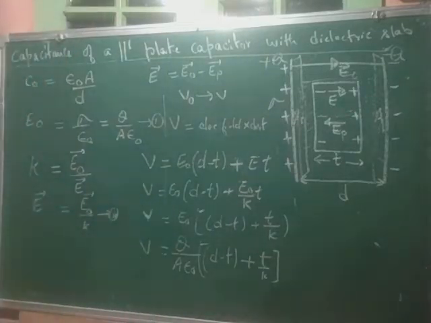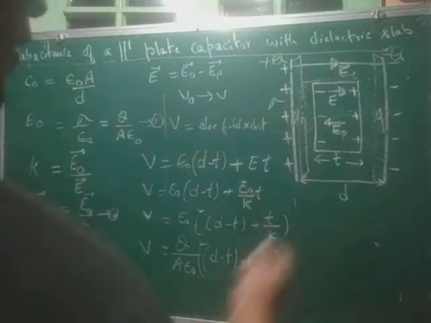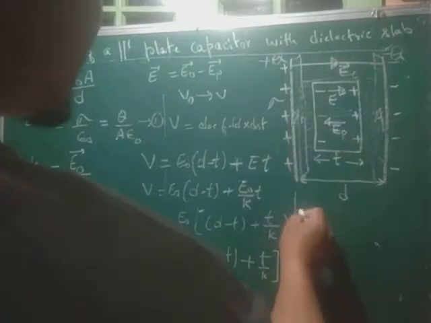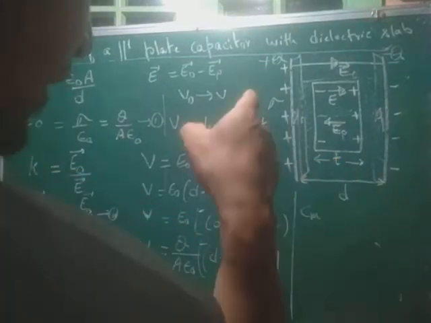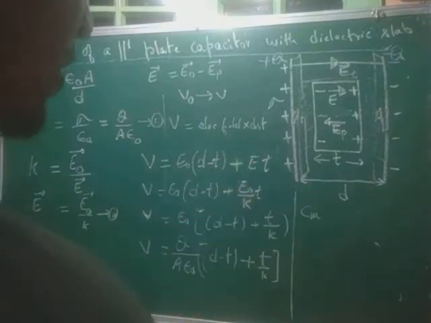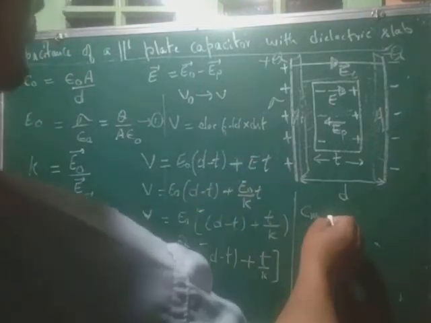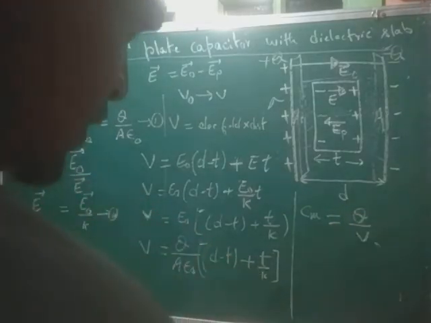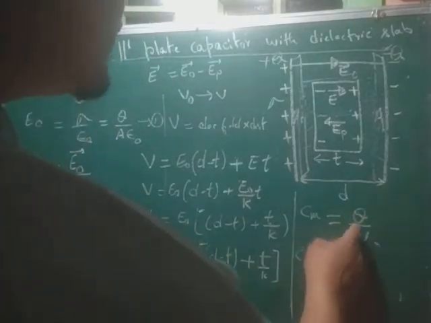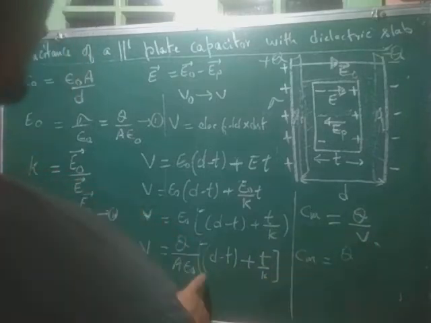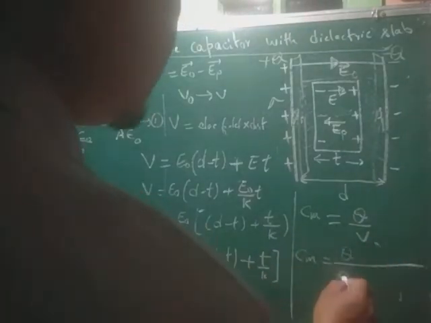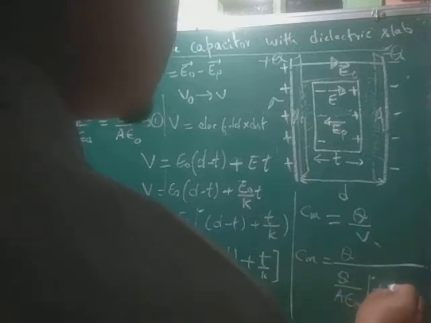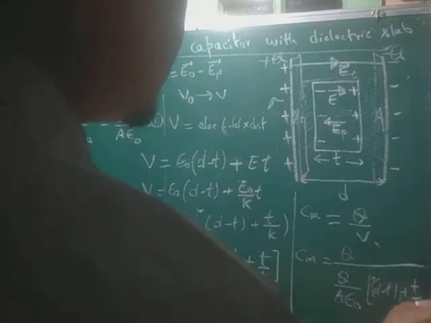Now our aim here is to find the capacitance of the parallel plate capacitor. The capacitance when the dielectric slab is introduced between the plates is denoted by Cm, and as you know, capacitance equals Q upon V. Substituting the value of V, you get Cm equals Q upon (Q by A epsilon naught) times (d minus t plus t upon K).